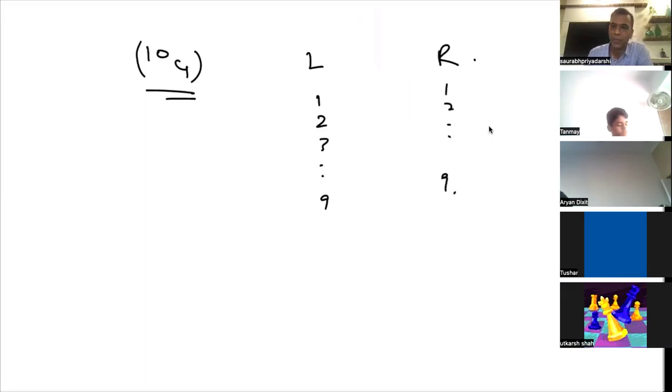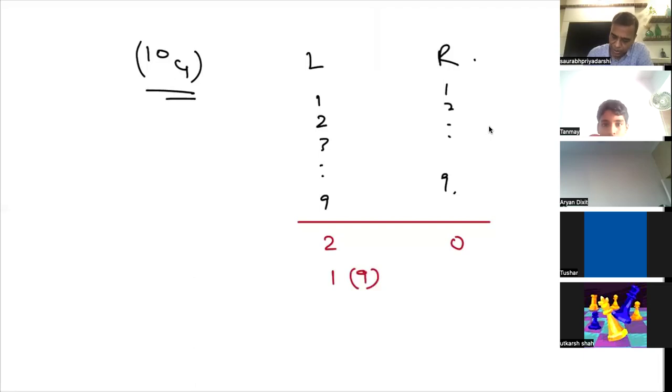Is this okay? Are you able to write it down? 2 from this, 0 from this, 1 out of 9 from this, 1 out of 8 from this, 0 from this, and 2 from this.